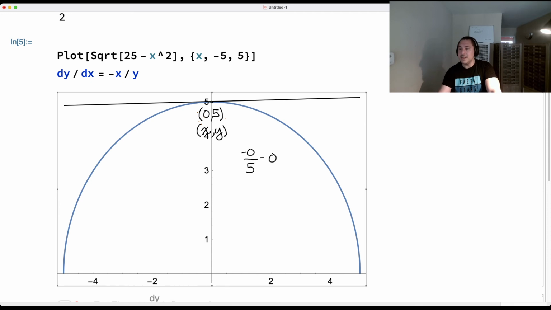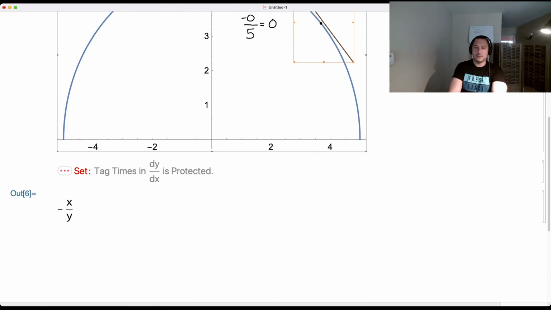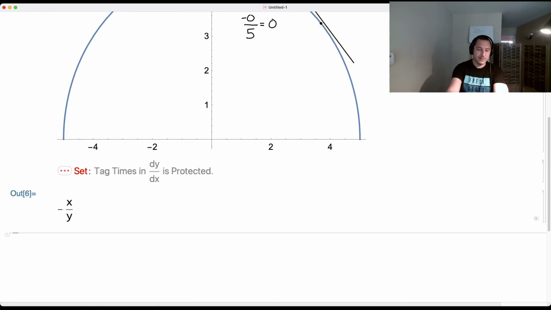So that formula dy dx actually gives you the slope of the tangent line at any point on the circle. So let's choose some other random point, like this point right here. So what might the x and y values of that point be? I know what we'll do. Let's solve the equation.